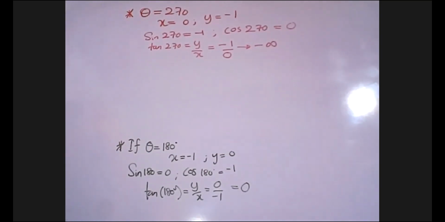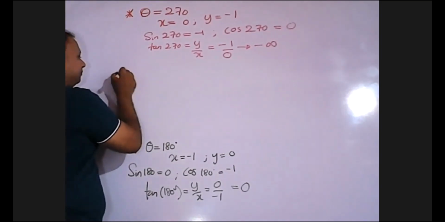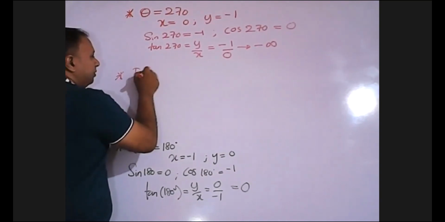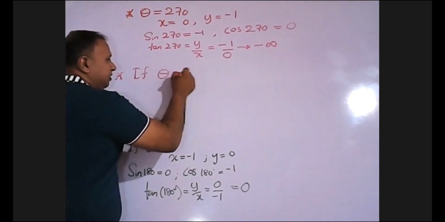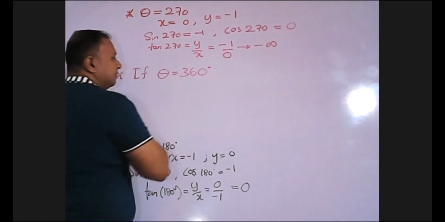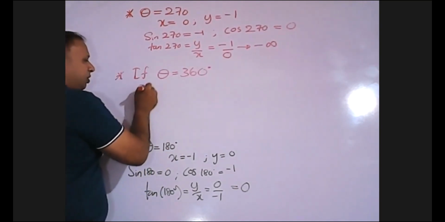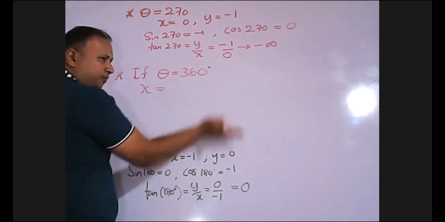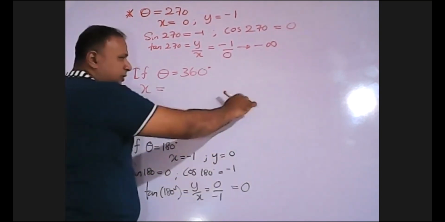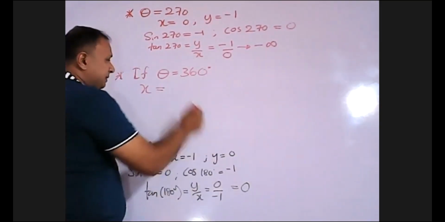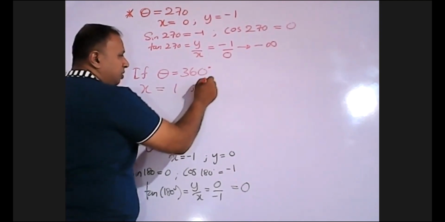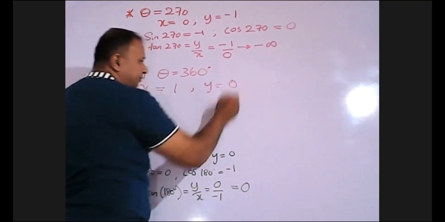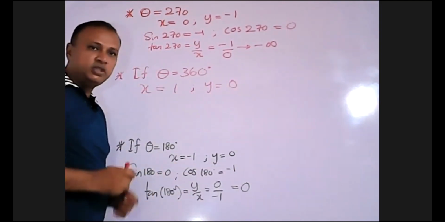Then look at the board. The final one. If theta is equal to 360, you know the x value. The x value is equal to point A, no? Point A means 1. The y value is equal to 0.